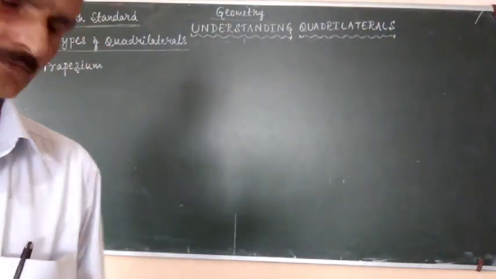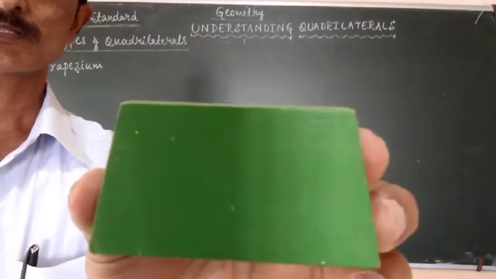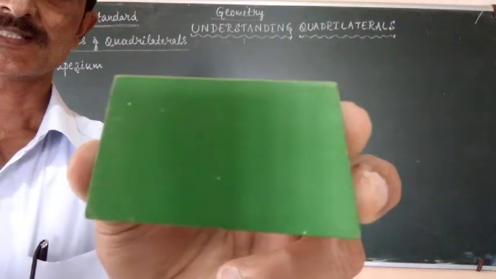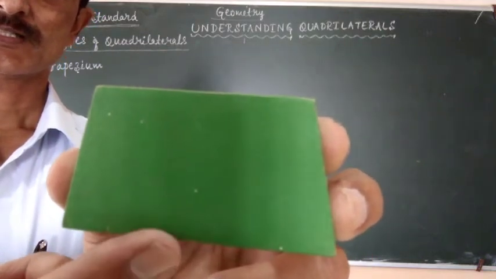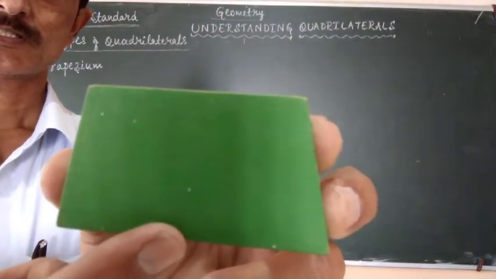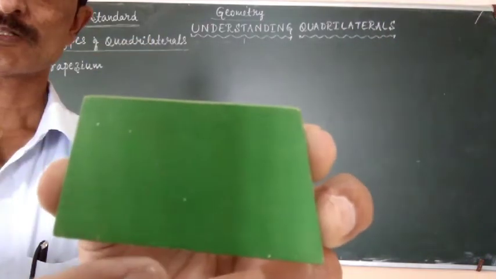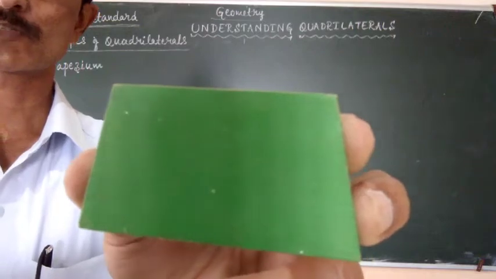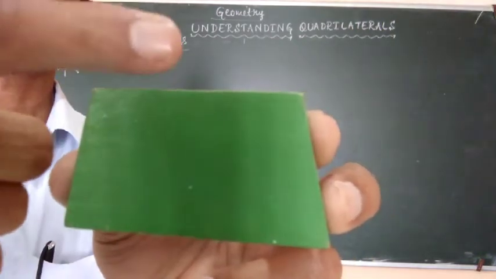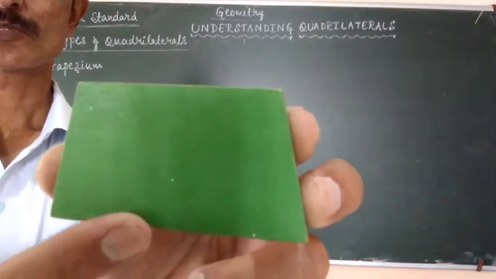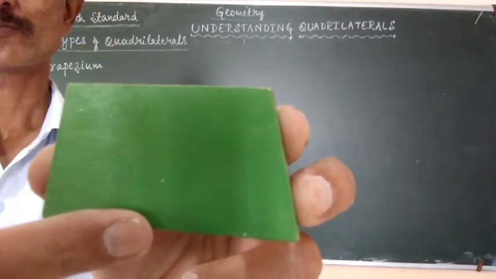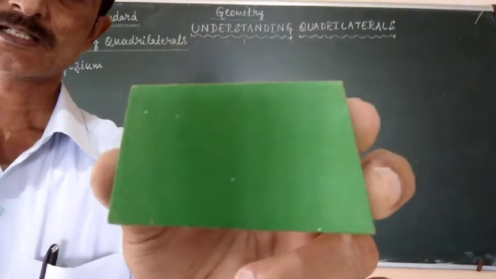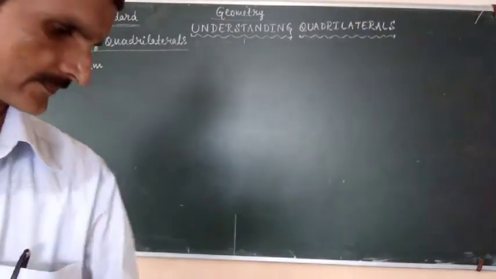Now, what do you call this plane figure? Observe the sides clearly. In this plane figure, only one pair of opposite sides is parallel, not equal. Therefore, this plane figure is called a trapezium.